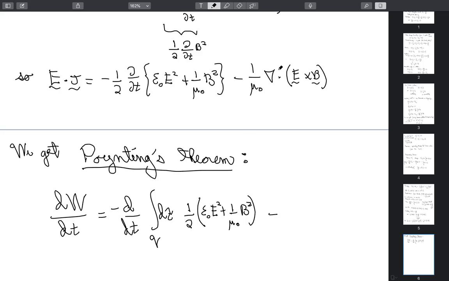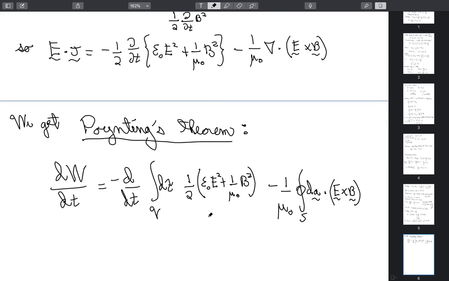Now doing the integral over the volume and using the divergence theorem, I just get minus 1 over mu 0 integral over the bounding surface of the volume I'm considering of the surface element dotted into E cross B. The first term is really the time derivative of the total energy in the electromagnetic field, and this term represents the rate at which the energy is carried out of my volume by the electromagnetic fields.